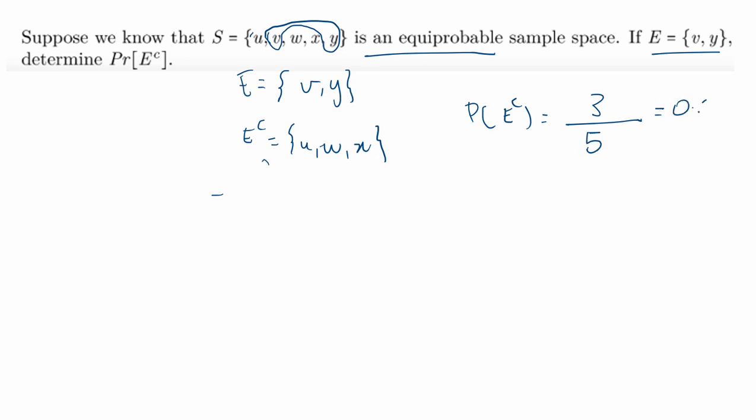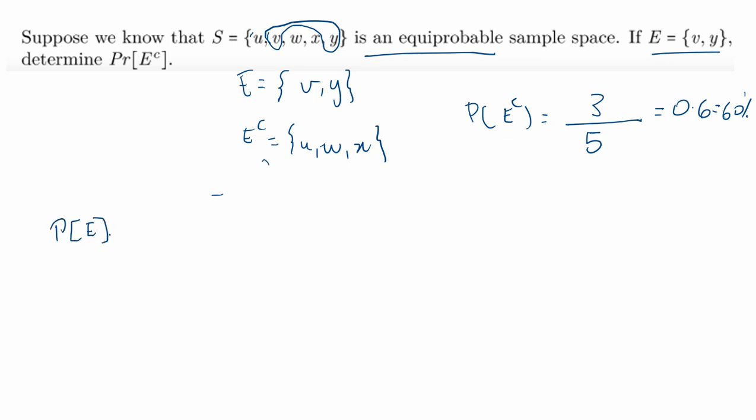So this is 3/5 or 60%. I think it's the fastest way to think of the problem. What I'm interested in is 3 of the letters, which are not V and Y, amongst 5. That's the easiest way.